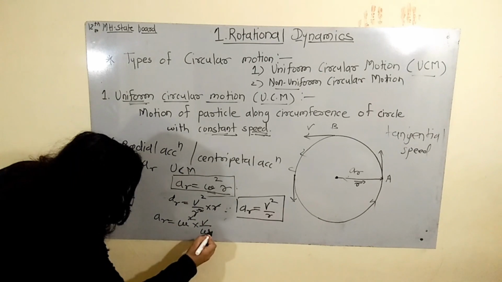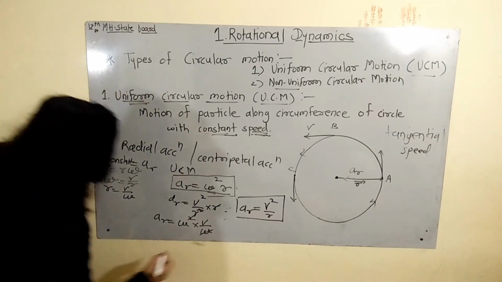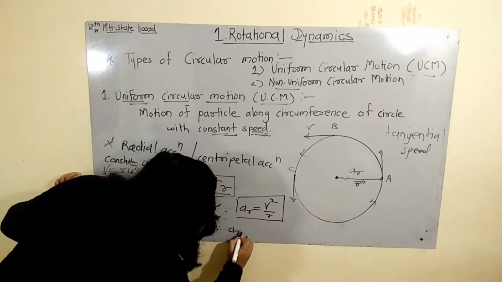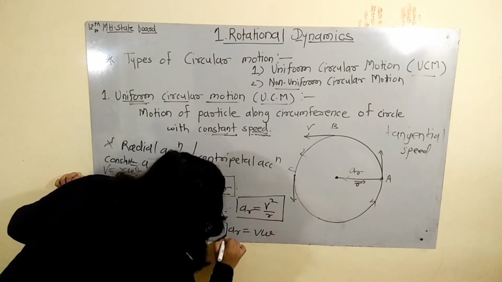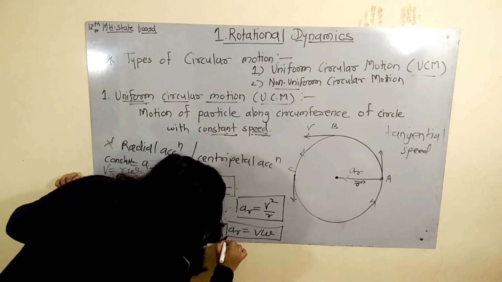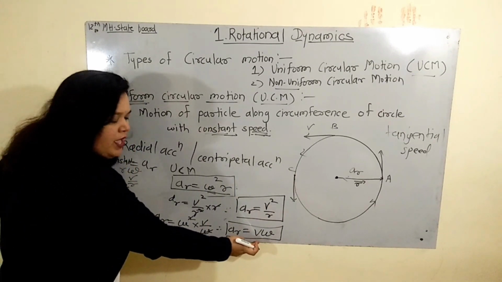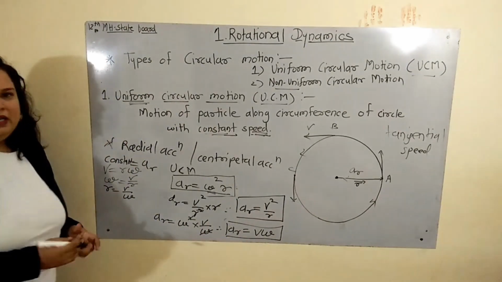Here omega square and omega get cancelled, therefore we get a_r, that is acceleration, is equal to v into omega, that is, radial acceleration is equal to angular velocity into linear velocity.